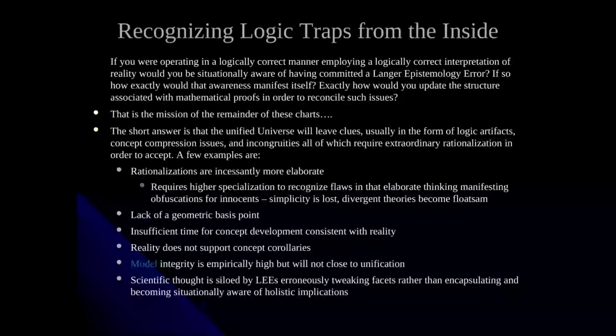When reality does not support concept corollaries, an example here is in the Big Bang. There's a period in the very early stages that we call rapid expansion. And that was rationalized as needed because it just can't get to the size the universe is that we find today in the WMAP data.